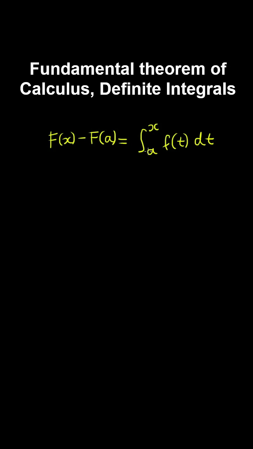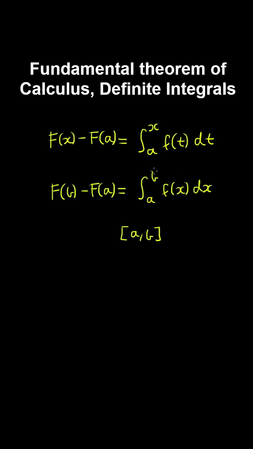So in a similar way, for a continuous function on the interval from a to b, the area under the curve of the function in that interval can be written using a definite integral. So effectively, evaluating this integral is the same as taking the difference in the antiderivative evaluated at a and b. And that's the fundamental theorem of calculus applied to definite integrals.